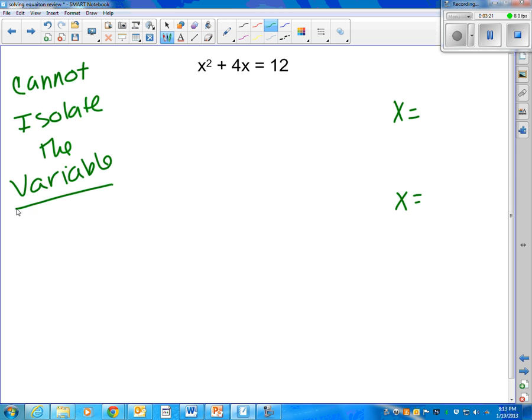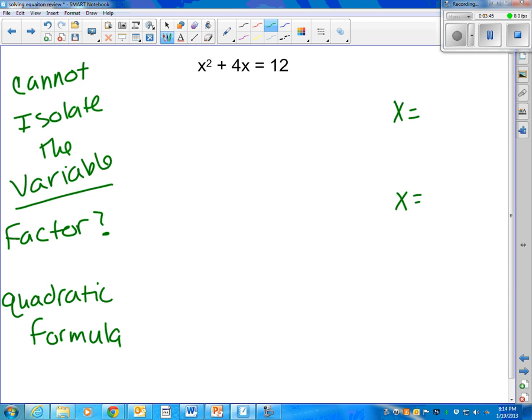What I can do is begin the next process. Can we factor? Our choices to solve are either factor or use the quadratic formula. The quadratic formula works every time. Factoring works some of the time.